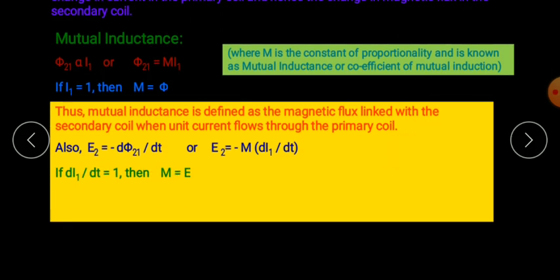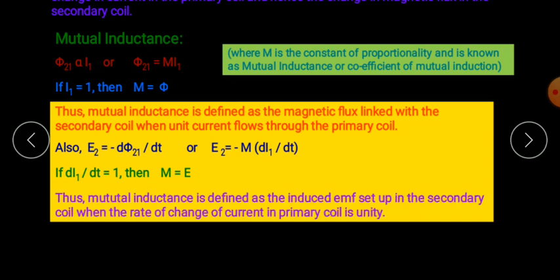If we put di over dt as 1, then M equals E. Thus mutual inductance is defined as the induced EMF set up in the secondary coil when the rate of change of current in the primary coil is unity.